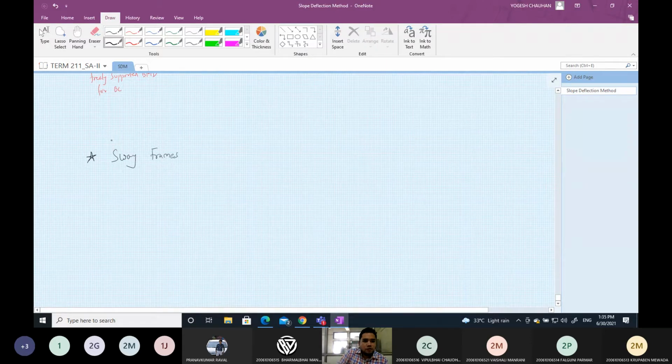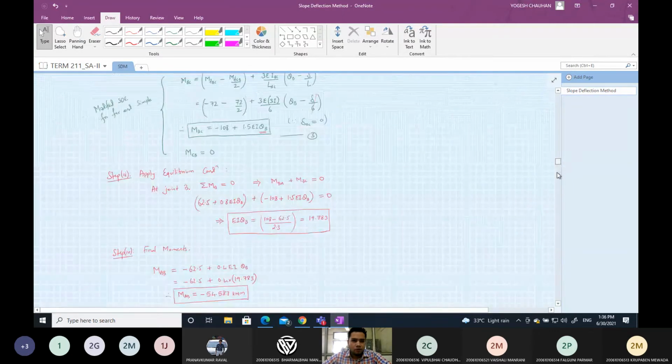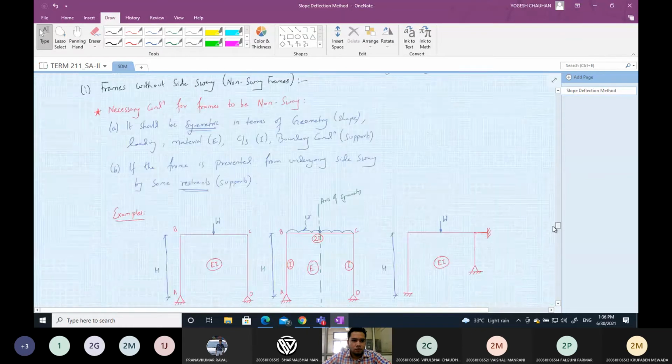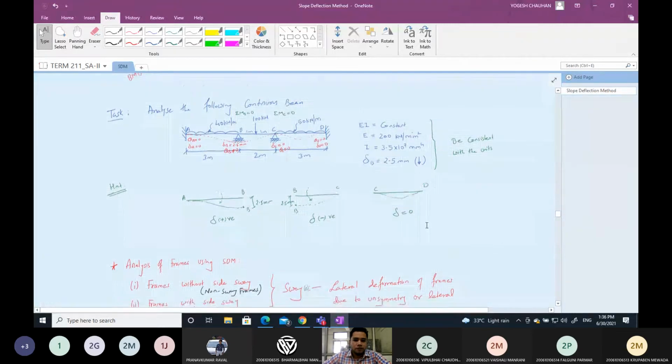Okay, that means this is the second case which we are going to discuss, that is frames with side sway, without side restraint. Now we will discuss this second case.